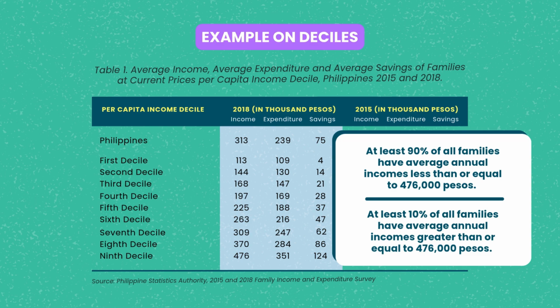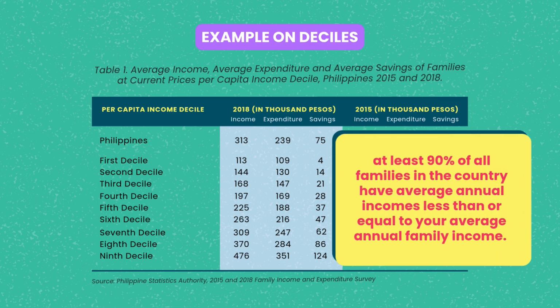Now, I want you all to recall the average annual family income that you computed earlier. Are you ready? If your family belongs to the ninth decile, this means that at least 90% of all families in the country have average annual income less than or equal to your average annual family income.